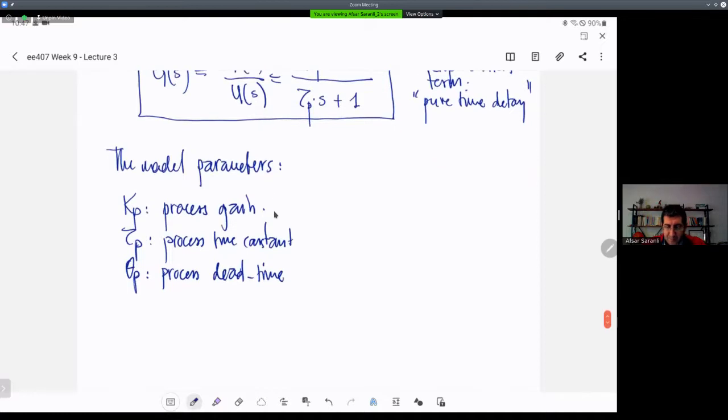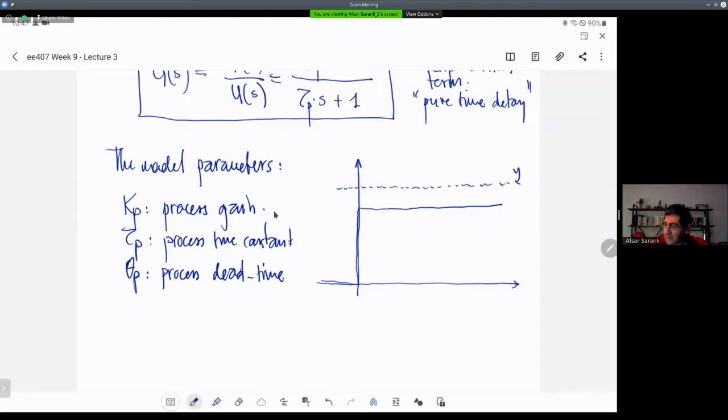Okay, so if we think about what kind of a normally an overdamped process, okay, so let's say if this was our reference, and let's say this is the steady state value of the output, so this is YSS, this is our reference R of t.